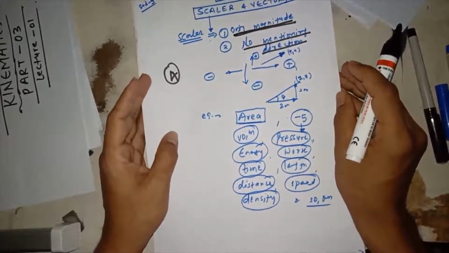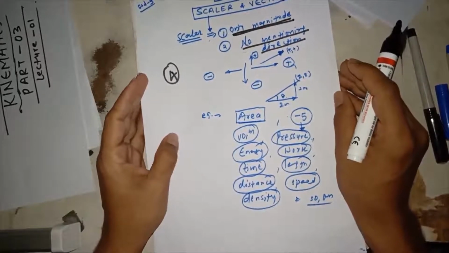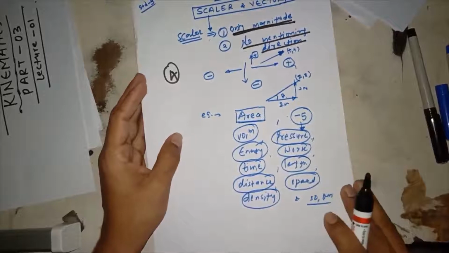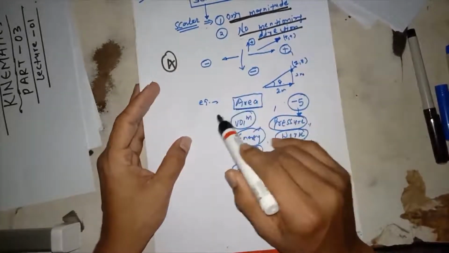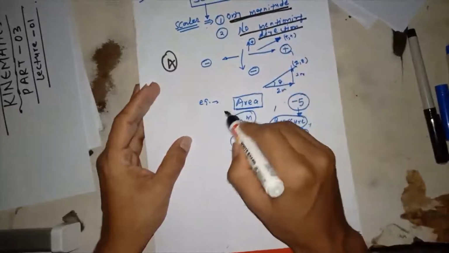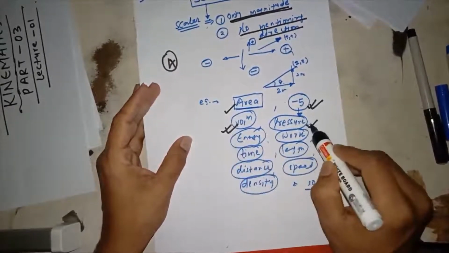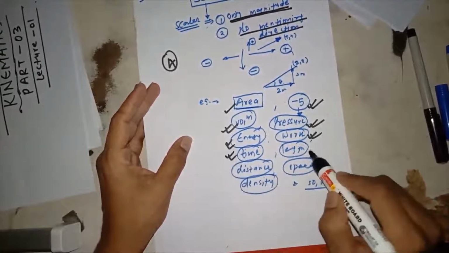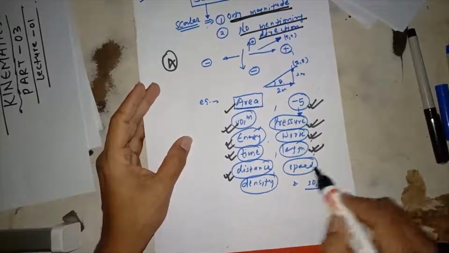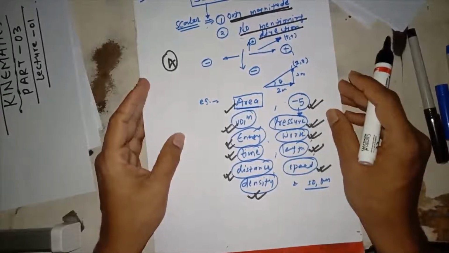But we will study that some quantities have also direction but cannot be regarded as vector quantities, which we will deal with when we study vectors. Some examples are area, any number, volume, pressure, energy, work, time, length, distance, speed, density, and so on.